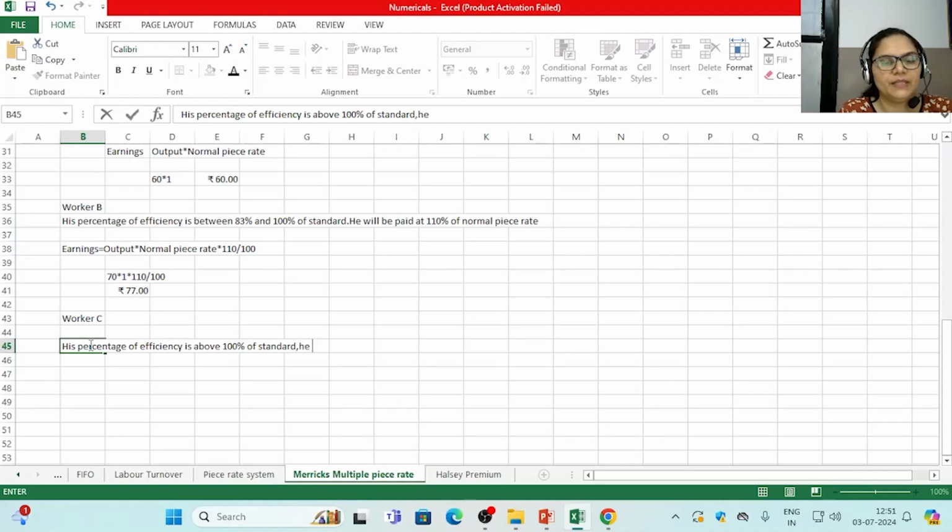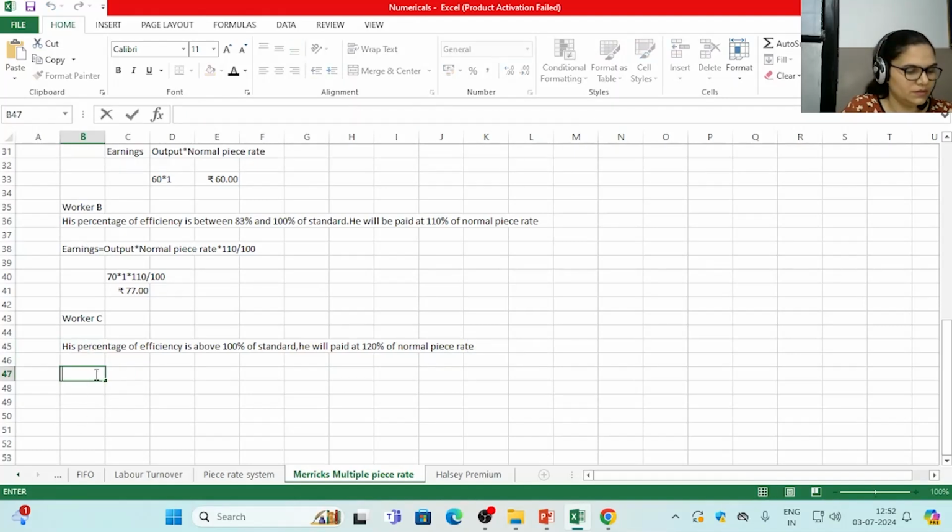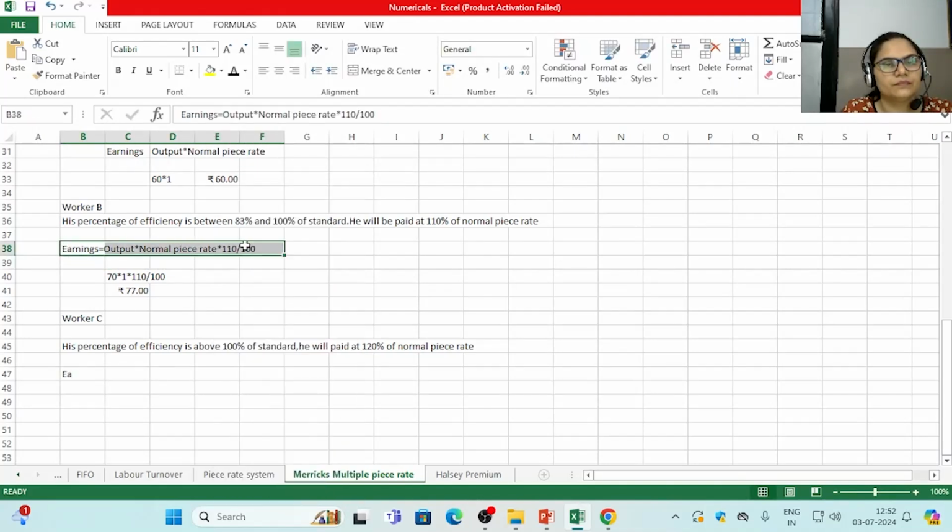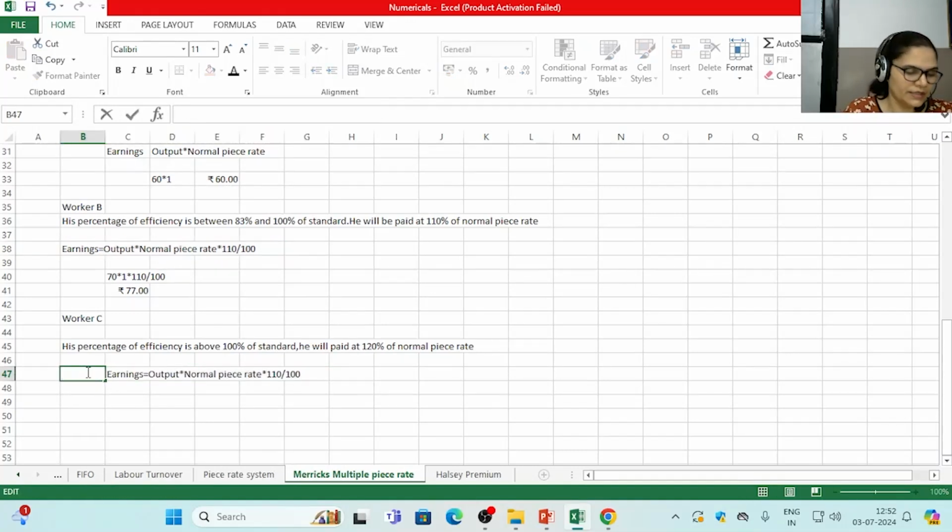Therefore, his earnings will be output into normal piece rate into 120 divided by 100.